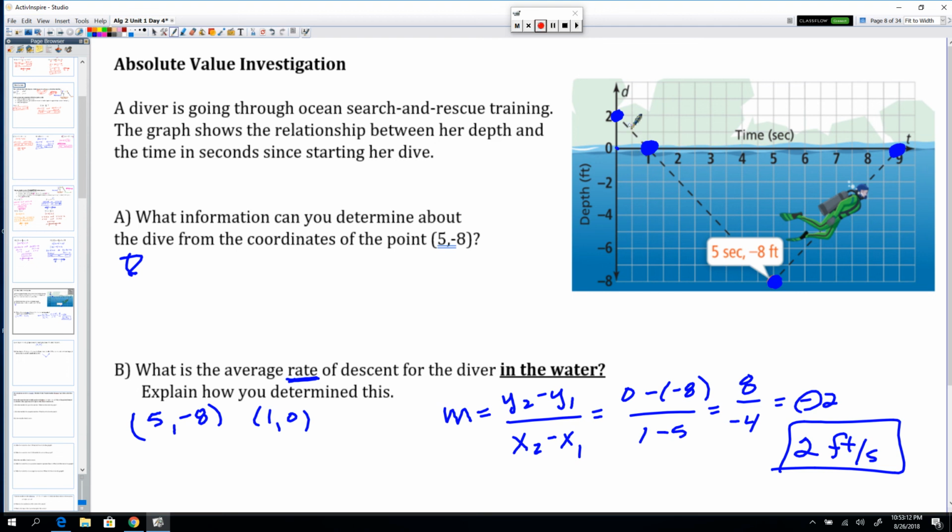That means where the diver entered the water and where the diver exited the water. Okay, so that's how you interpret that in real life. This graph is all great in mathy words, but when we get into real life, what do the coordinates (1, 0) and (9, 0) mean? Well, this one is where she entered the water, and this is where she came back out of the water. Okay?